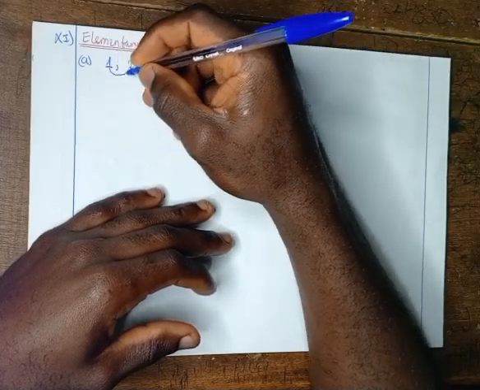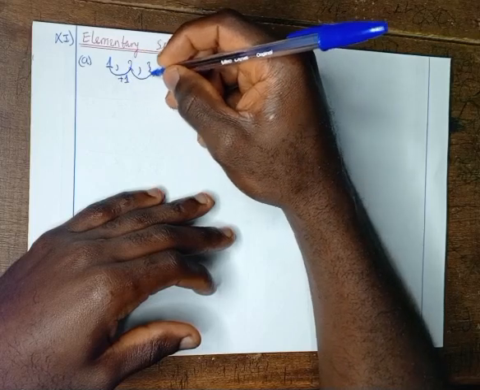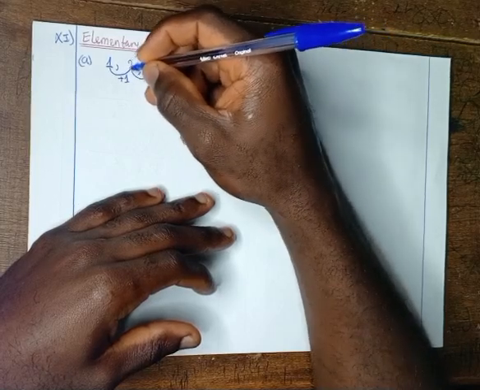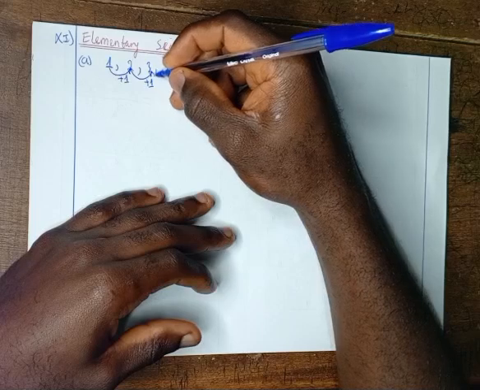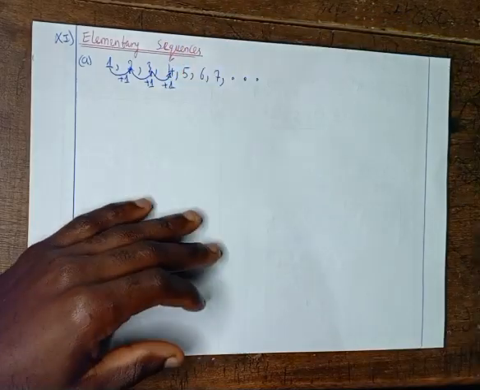So here the rule is simply addition of 1. You add 1 plus 1 plus 1. So this is the rule for this case.